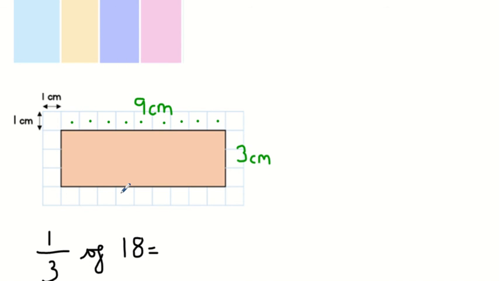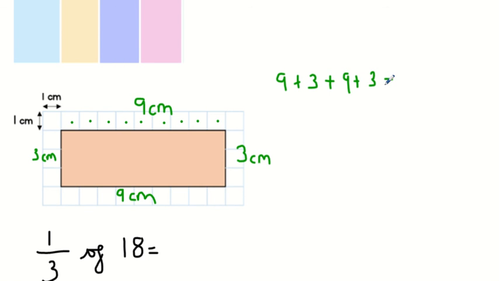And because we know rectangles have opposite sides the same length, we can complete the other missing sides. Now, to calculate the perimeter, we want to know what 9 add 3 add 9 add 3 is.